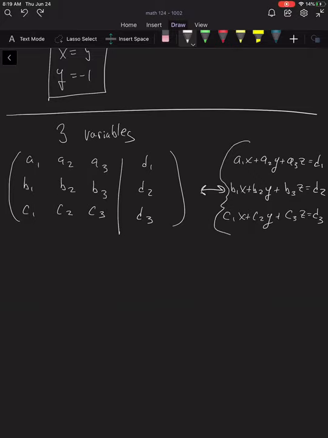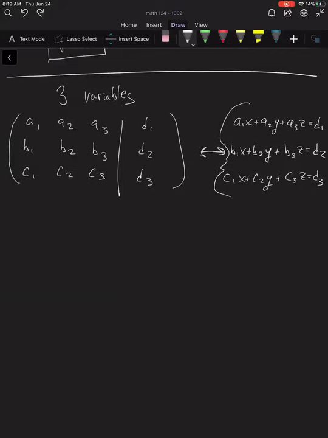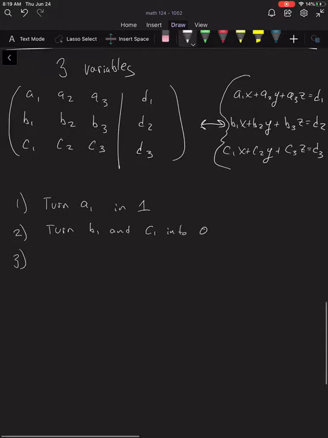Okay, so let's write that step down. So the first thing we want to do is turn A1 into 1. And then after that, turn B1 and C1 into 0. Okay, next we're going to turn B2 into 1.